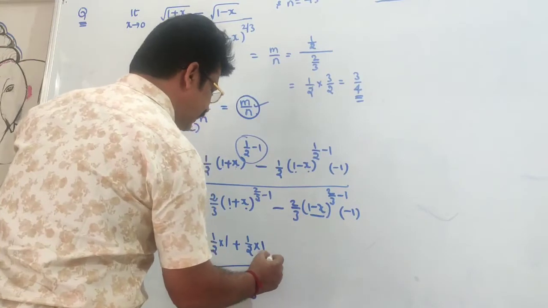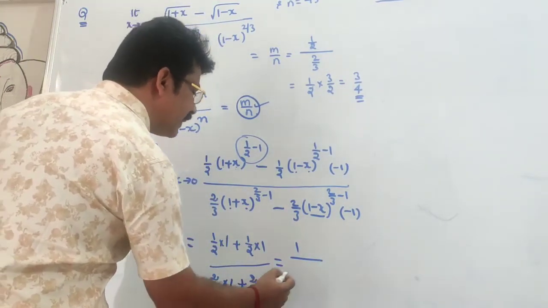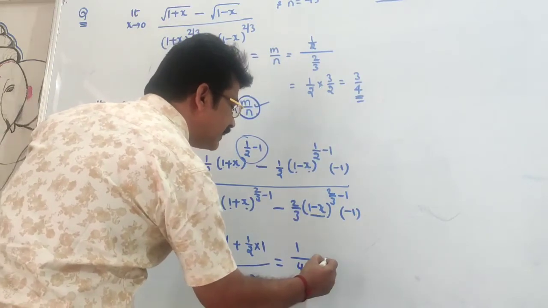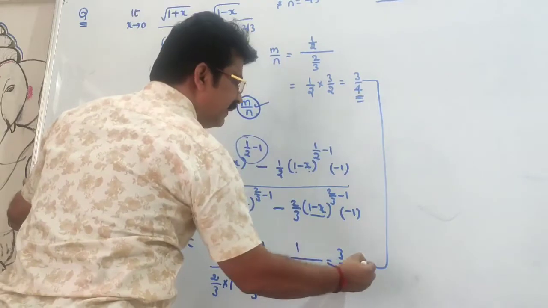So that is equal to half plus half, 1, divided by 2 by 3 plus 2 by 3, which means 4 by 3. So that is equal to 3 by 4. So this answer is verified.